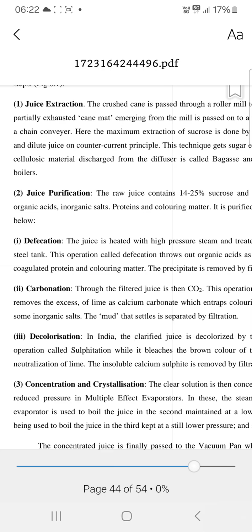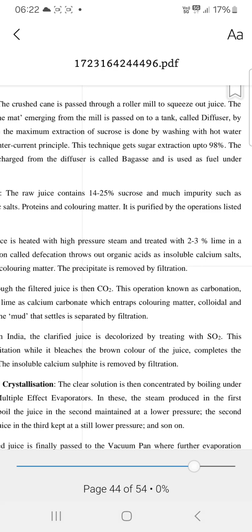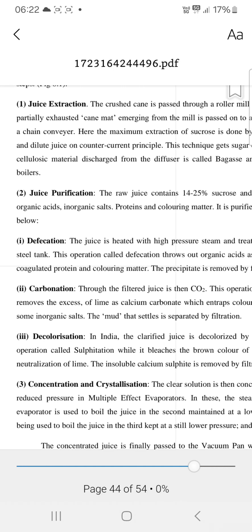The cellulosic material discharged from the diffuser is called bagasse and is used as fuel under the boiler.